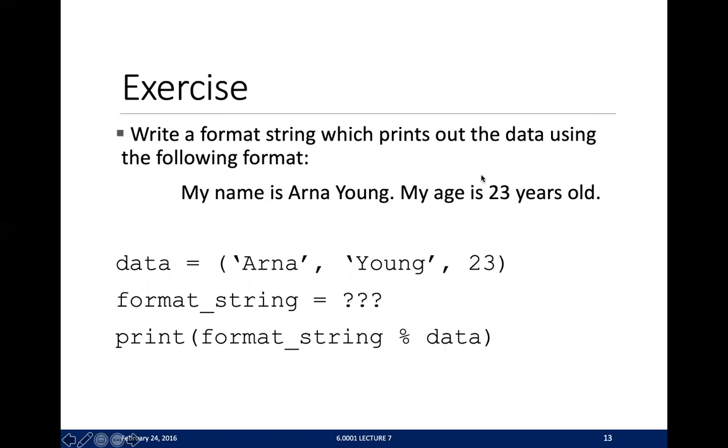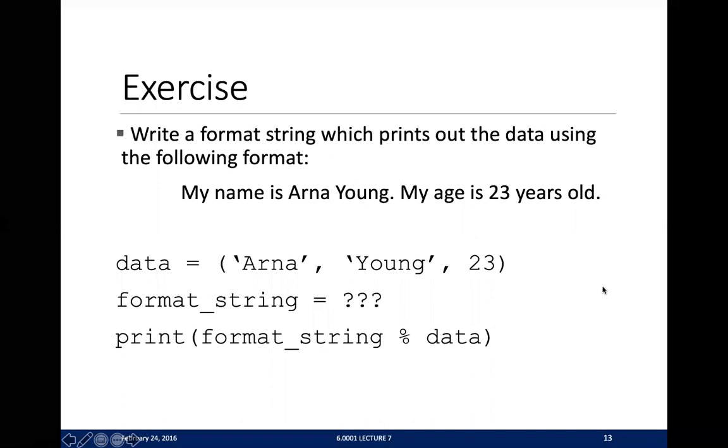I want to print this, right? So I want to write my name is, and then put placeholders for the different values that I want to replace. Any thoughts? I want to figure out the string.